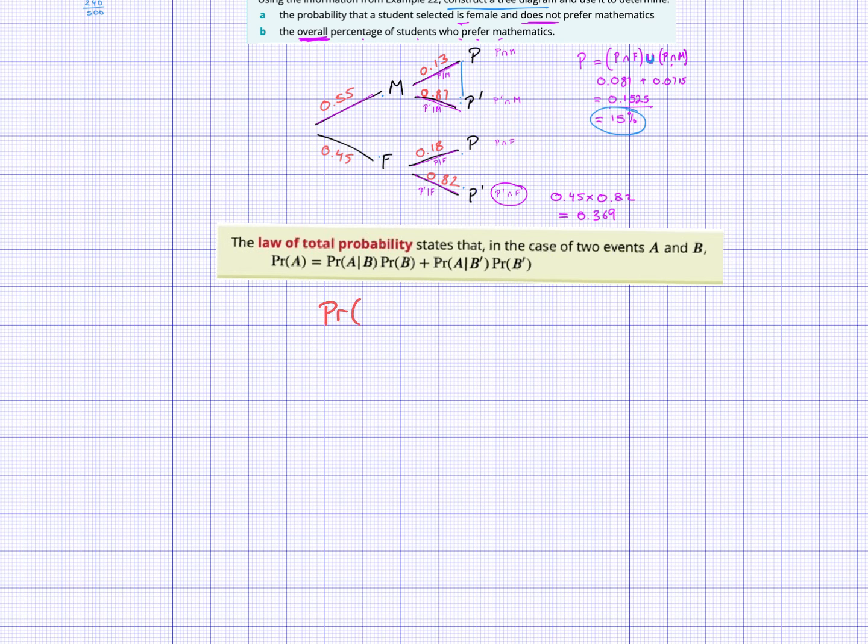So A given B by P of B, and I won't show you this for both parts, I'll just show you for one part and it'll work the same way.